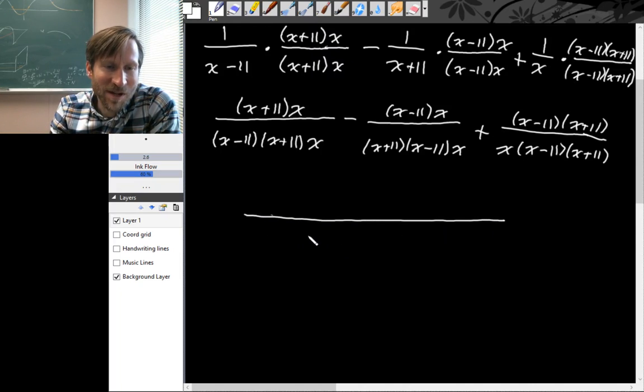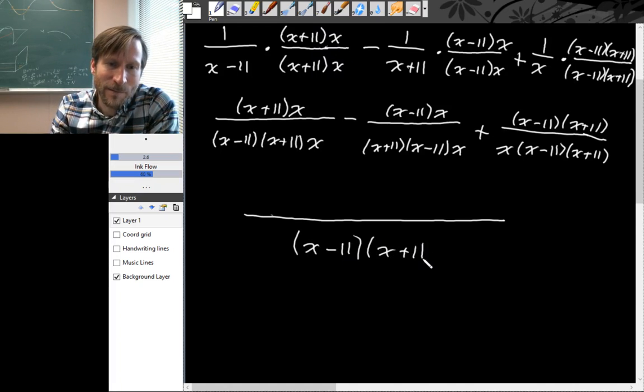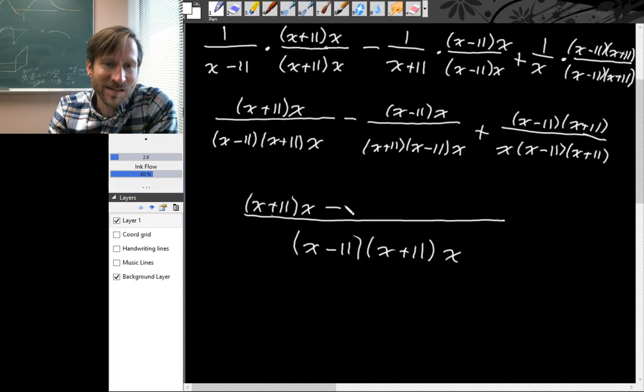The denominator of the resulting fraction is the same as the denominators of all the individual ones, so x minus 11 times x plus 11 times x, and the numerator is the sum of the numerators in your original fractions. So x plus 11 times x, minus x minus 11 times x, plus x minus 11 times x plus 11.